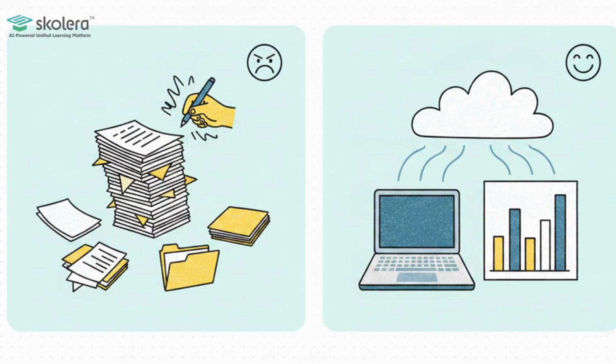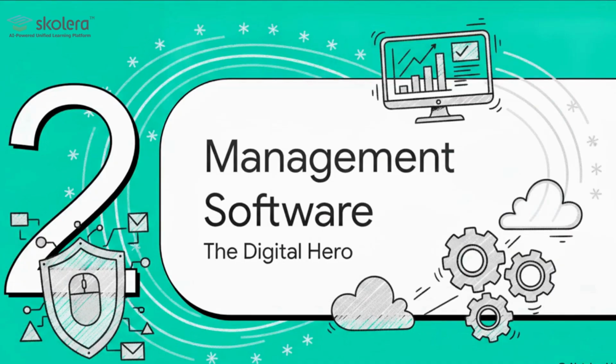Now compare that to the digital needs of a modern institution. We're talking about a unified platform that delivers automated reports, instant alerts, and the ability to make quick, data-driven decisions. Sticking to the past just means more critical errors and a massive loss of your institution's most valuable resource, which is time.